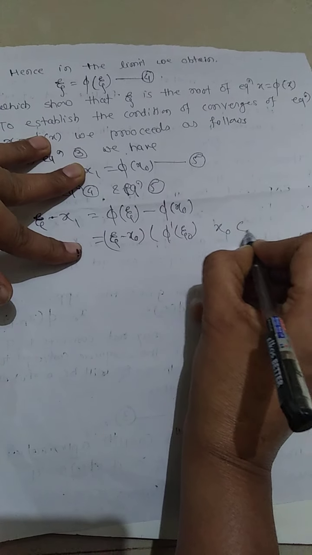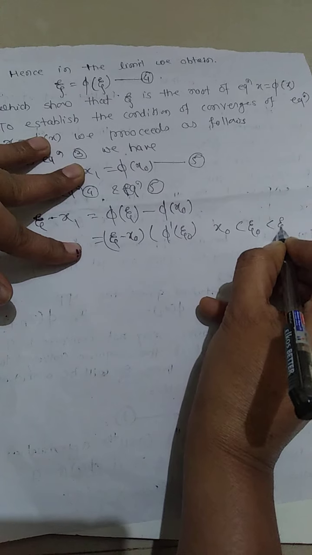Here x0 is less than xi0 is less than xi.